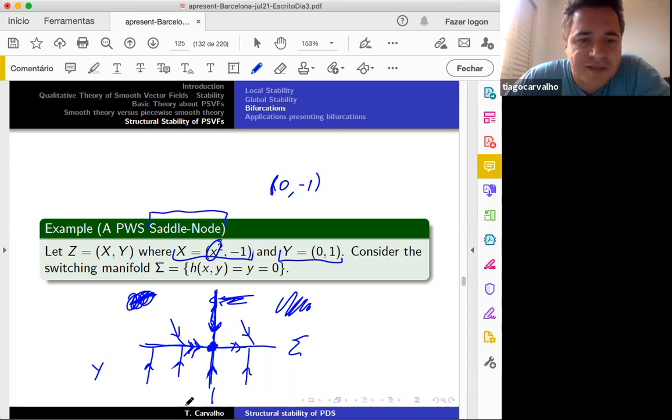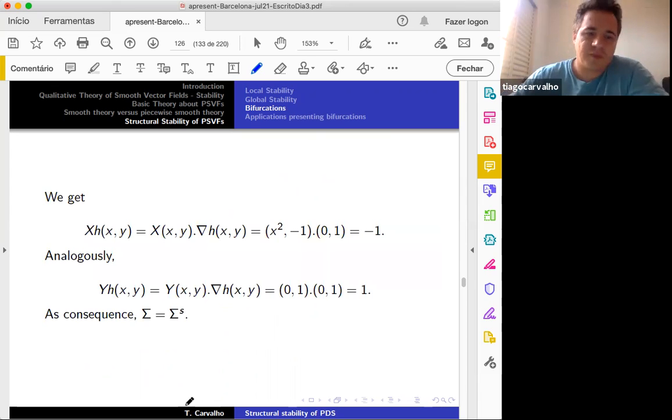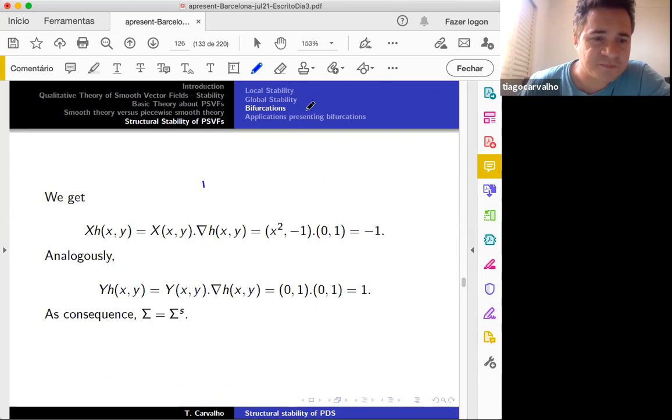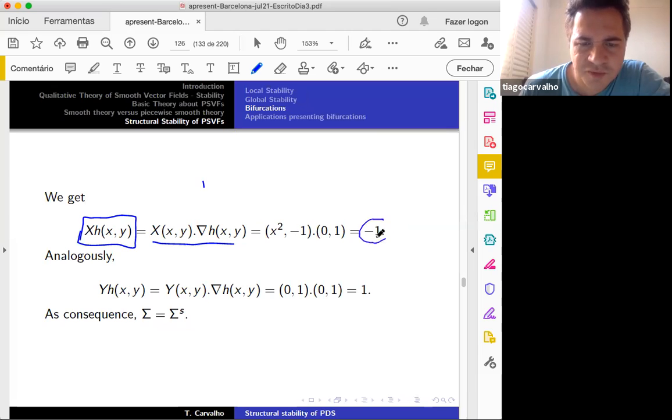Well, let's do some calculations here in order to prove this behavior. What we have to do is calculate the first Lie derivative given by this. So this number is equal to -1.